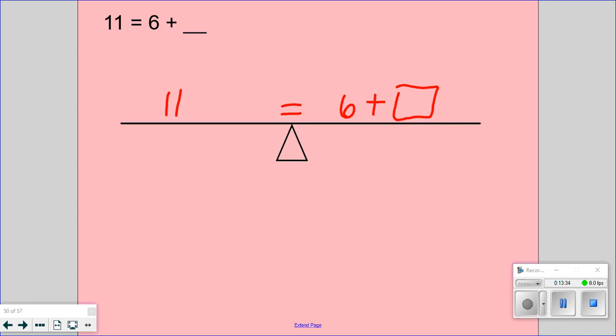Yeah, and right now this side is worth 11 and this side is worth 6. 11 is greater than, hey, this kind of looks like my alligator mouth. We've seen that symbol before. What do I need to put in my mystery number, my spot saver, to make this true?